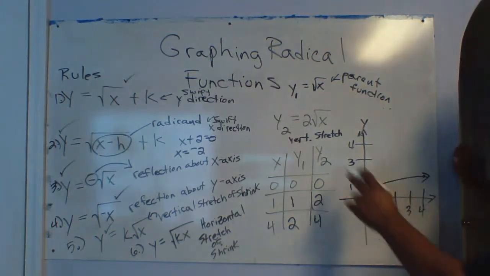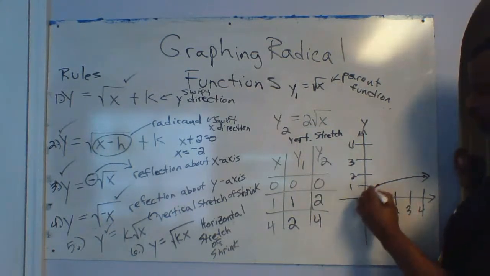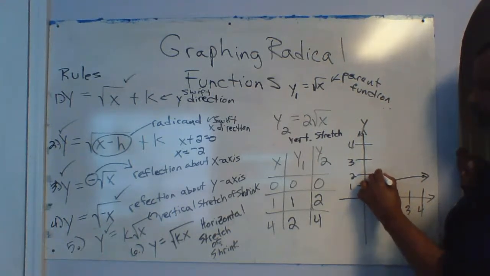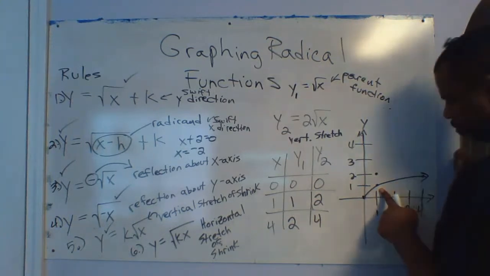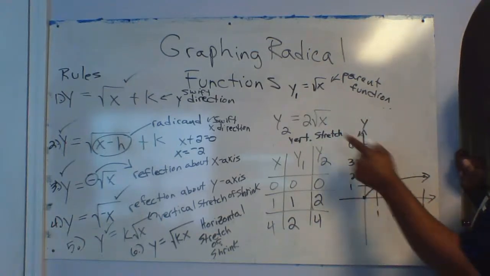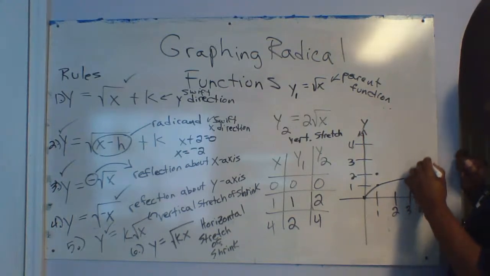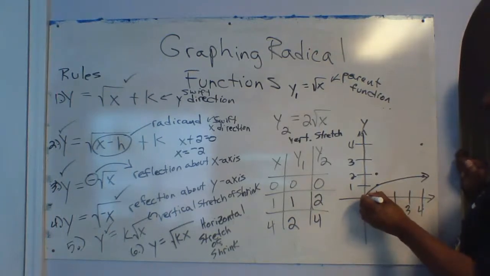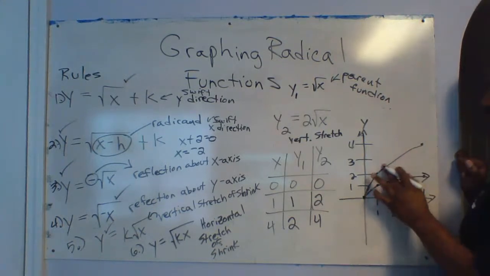The reason why they call this a vertical stretch is because when we graph this, we have (0, 0). Now, instead of (1, 1), we have (1, 2). So we doubled the value of y. Then for this second function, the vertical stretch, instead of y being 2, now y is 4.